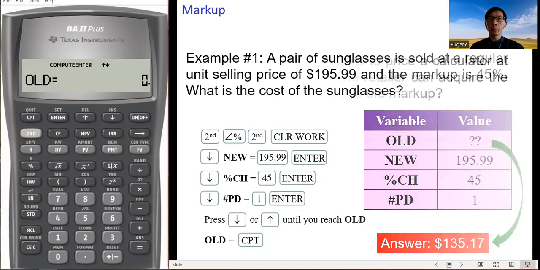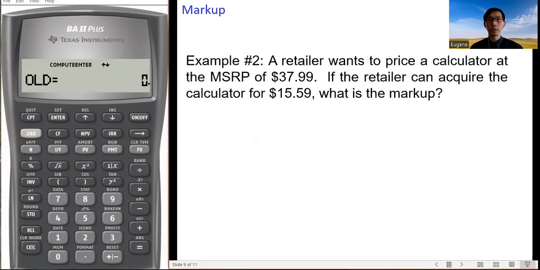The next example. A retailer wants to price a calculator at the MSRP of $37.99. If the retailer can acquire the calculator for $15.59, what is the markup?